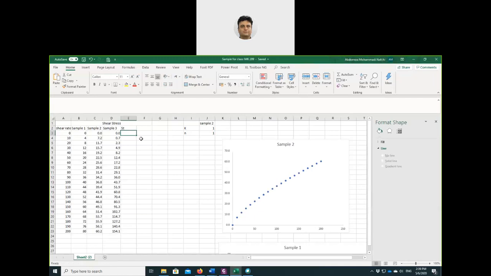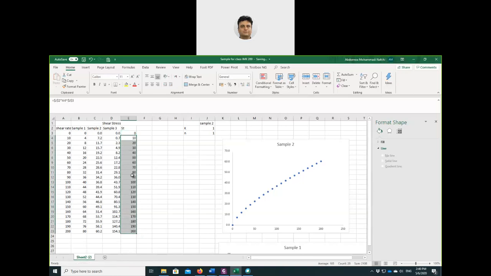So this one is equal to K multiplied by shear rate power N. If I want to copy and paste to the next one, because I'm using the K and N as fixed numbers, I need to use the dollar sign before and after J. Okay, to fix the J2 and J3 referred to K and N. Then copy and paste all.